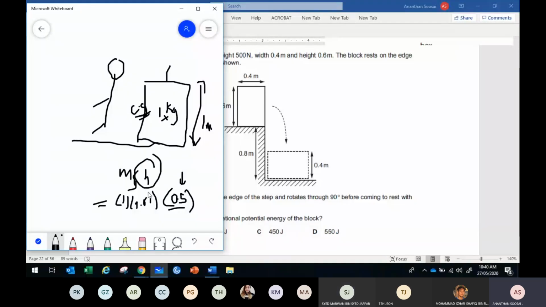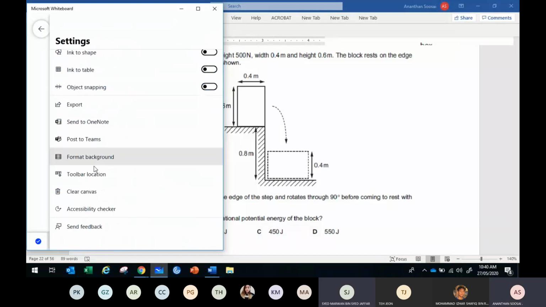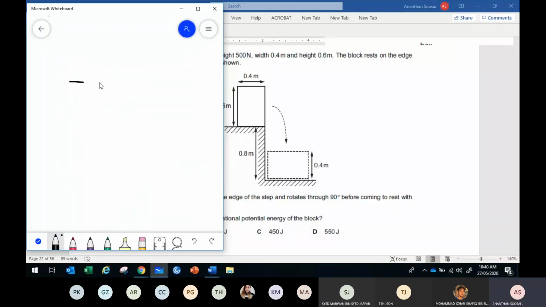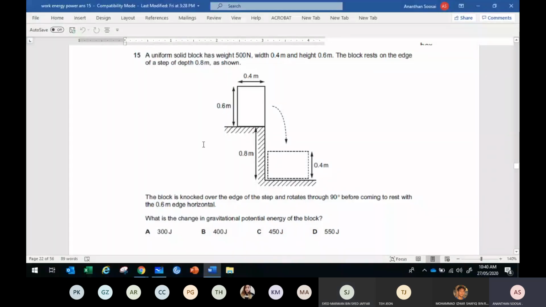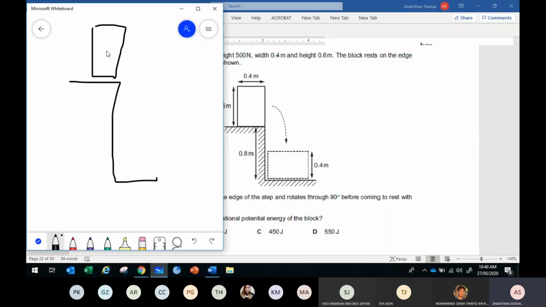Okay, now the answer is B or C. For this object, the body is on top here. It was 0.6 meter. That means the center of gravity is at the center here, so initially the center of gravity is 0.3 meter higher than the ground.